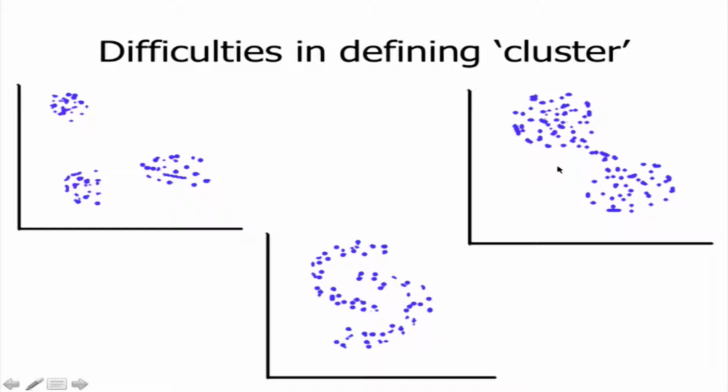It really depends. There are some clustering algorithms that will say there are two clusters, and then there are other methods that will say, no, there's only one cluster. It gets even worse for the third example. Question: is it one big cluster, or are there four different clusters, or are there two clusters? It depends. And this already shows you one thing. Clustering is a little bit of an art form.